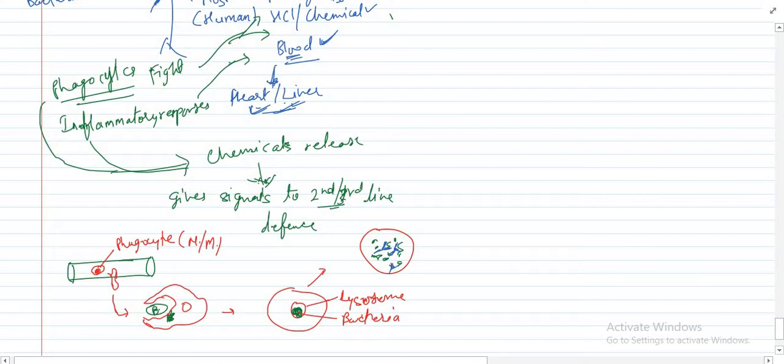Cells attach to them, and these molecules are presented on the surface. Now this is the molecule, and here they present the pathogen. These molecules are called MHC molecules, or major histocompatibility complex.